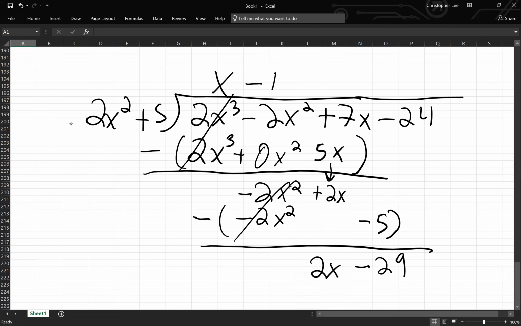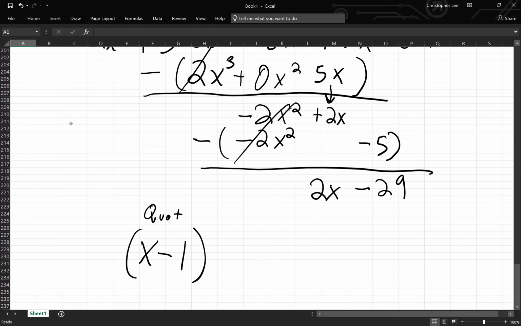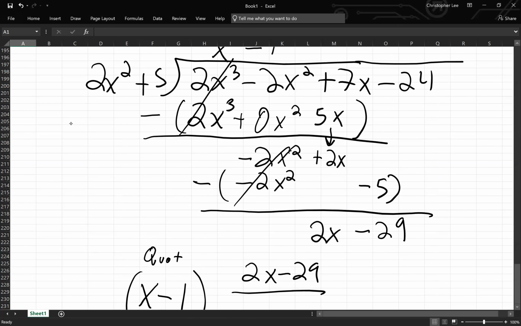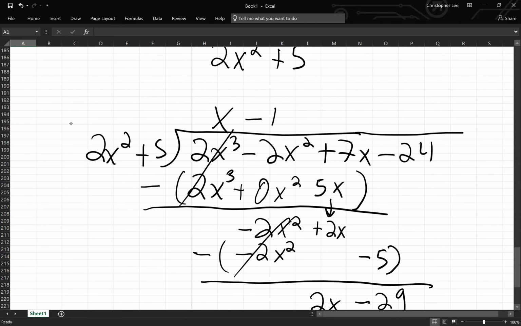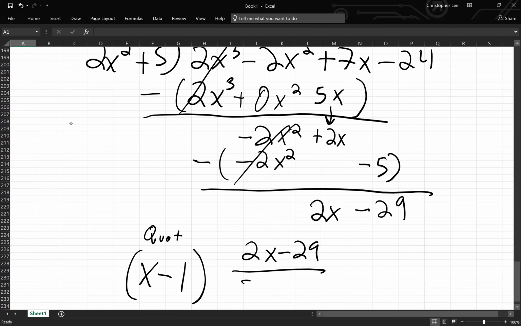And then 2x squared doesn't go into that. So the quotient is x minus 1, right? But the remainder is 2x minus 29 over the divisor, which is 2x squared plus 5.